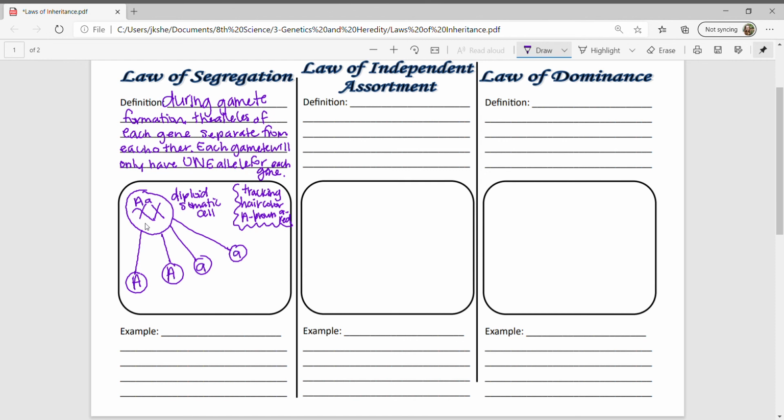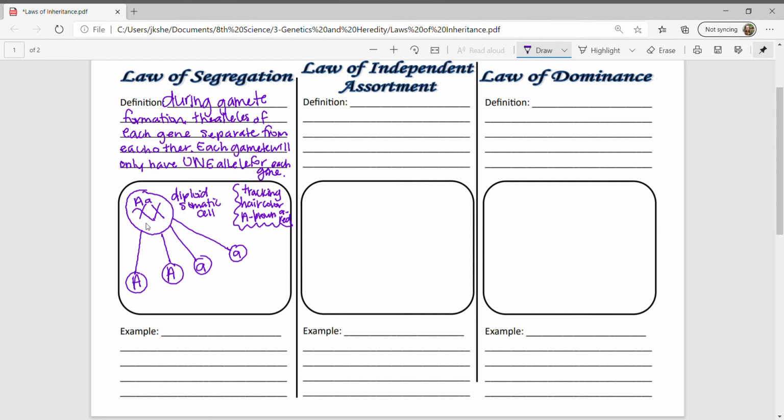As you remember, we're creating 4 cells through meiosis, and through the process of cytokinesis and splitting those sister chromatids and homologous pairs, you're going to end with 4 daughter cells that have different alleles in them. So 2 of them will have dominant alleles, 2 of them will have the recessive allele. Keep in mind that these will be matched up with all the other types of alleles that are found in this person's cell.